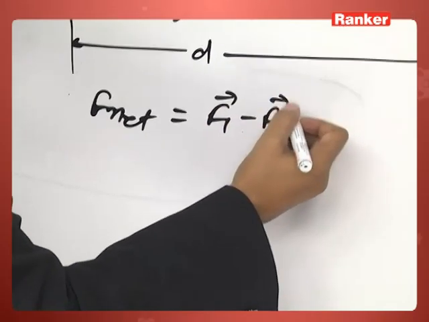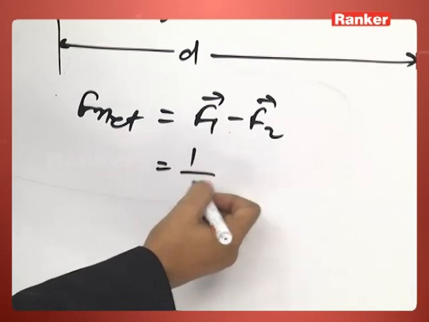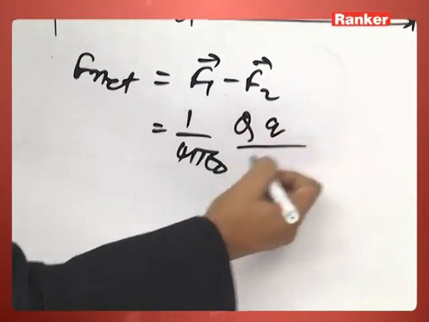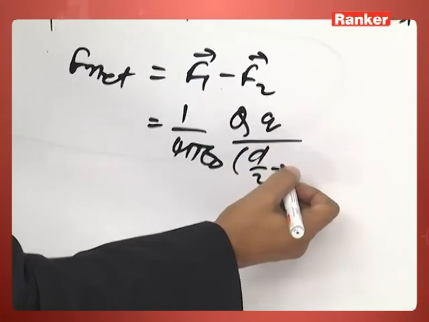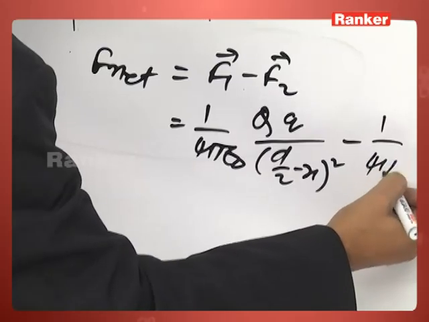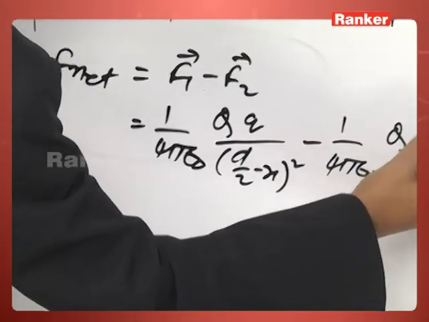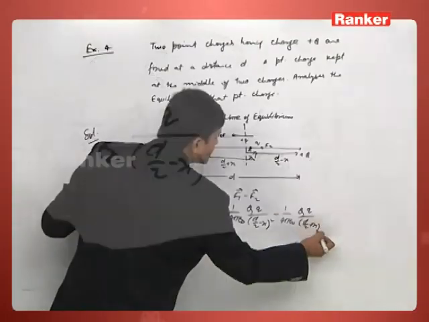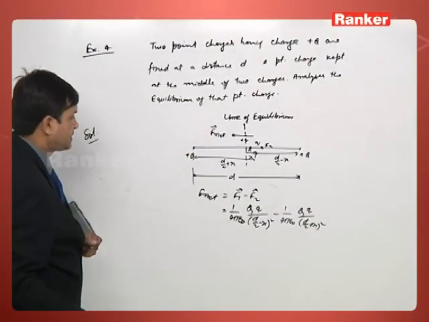F1 minus F2, and this further we can say is 1 by 4 pi epsilon naught q by (d by 2 minus x) whole square, minus 1 by 4 pi epsilon naught q by (d by 2 plus x) whole square.